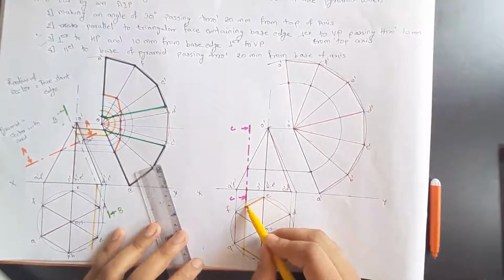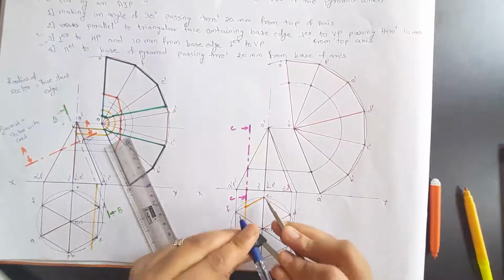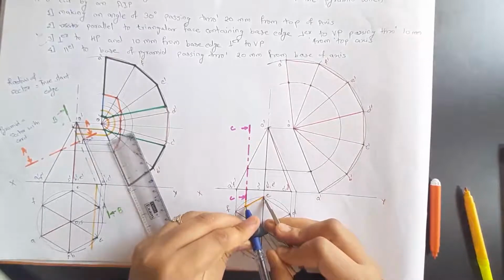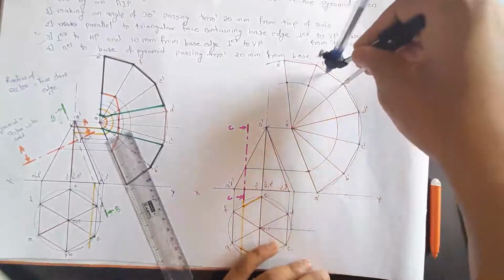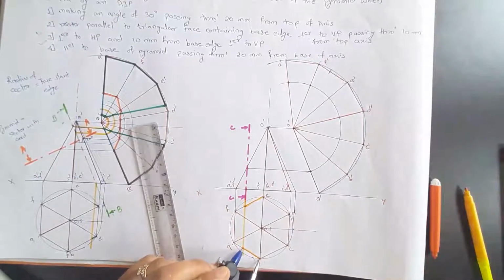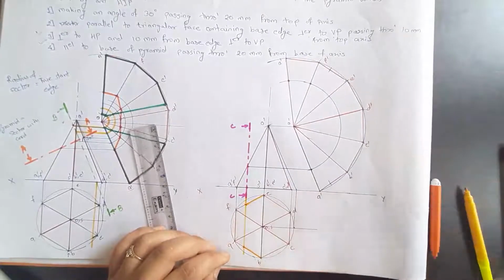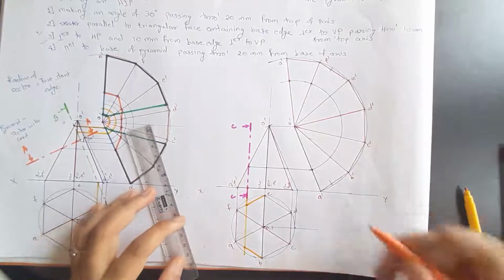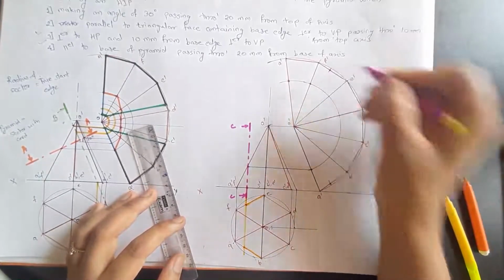Let's say I am measuring it from E. Mark that distance from E in between E and F. Similarly here I am measuring the distance from B, so mark that distance from B between A and B. Now I have got the points, this one and this one.